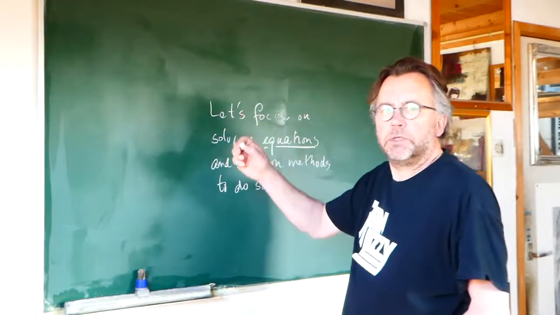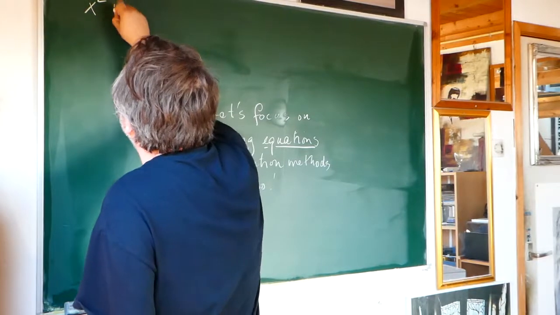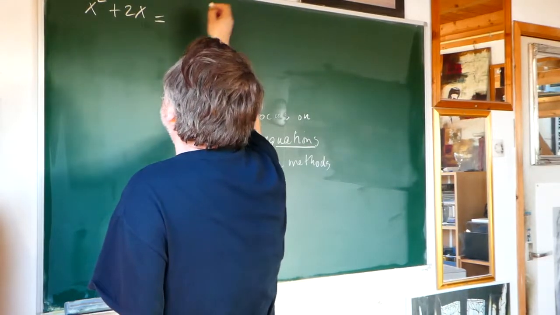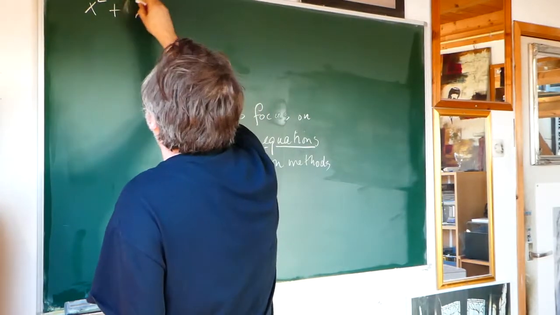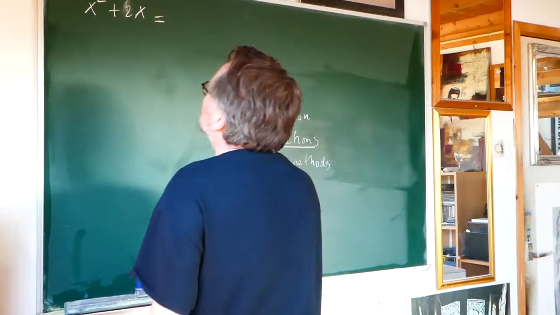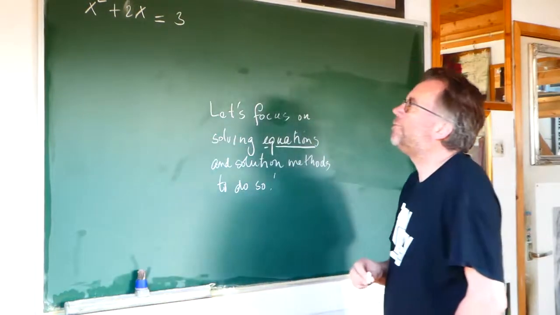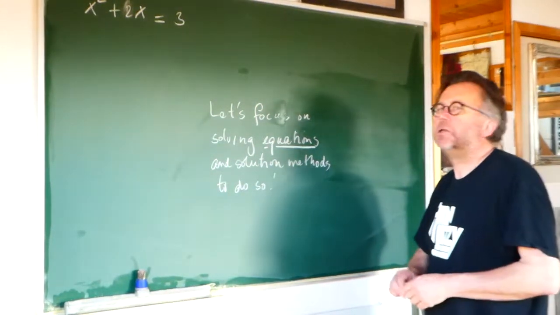So let's take a simple example. x squared plus 2x is equal to 3. That's an equation for x.